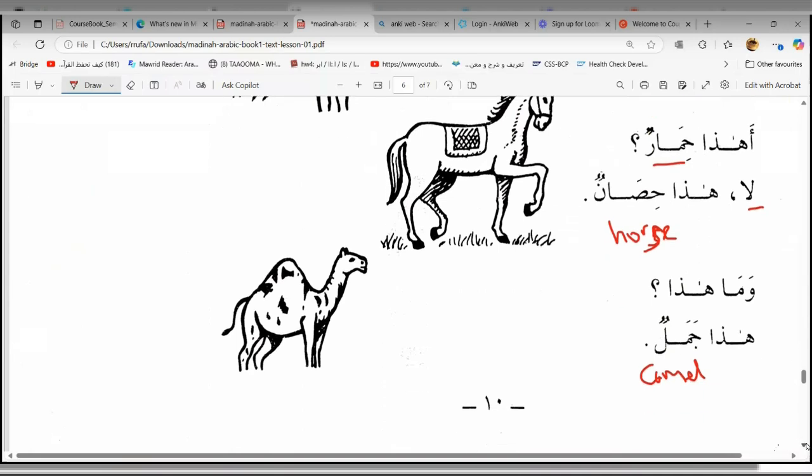Doctor, it says wama. Okay, very good. That's a good catch. Wa means and. وما هذا؟ And what is this? So هذا جمل. This is a camel. So again, new vocabulary.